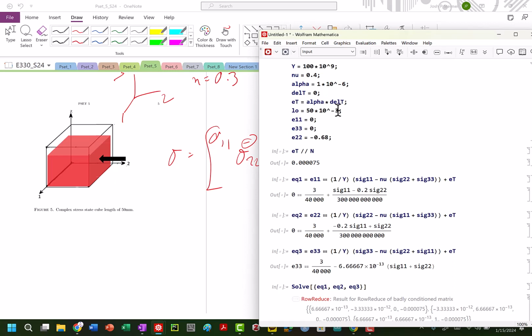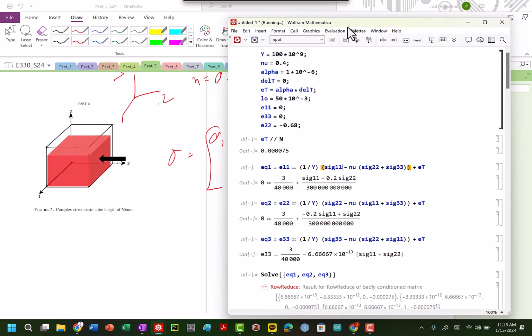Our L naught is 50, so we should be good to go. And again, we can keep this ET because ET is just going to be 0 since we set delta T to 0. So get Mathematica running, and wrap up this problem.